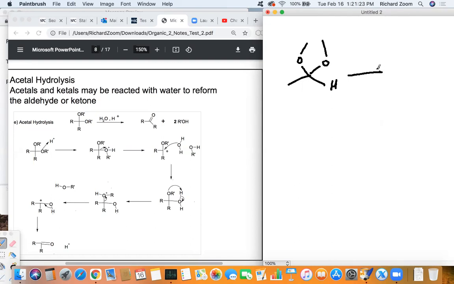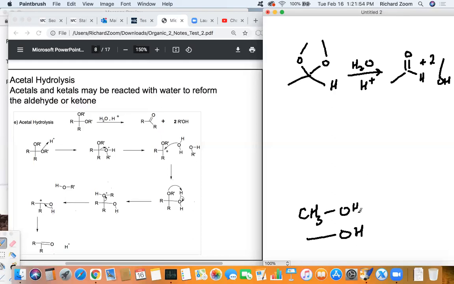What hydrolysis does is turn the acetal back into the aldehyde from whence it came, plus 2 equivalents of alcohol. This thing here is methanol, by the way. So it's CH3OH, just in case anybody was wondering. It's not an OH negative or anything, with a very long line. Hoping people realize that.